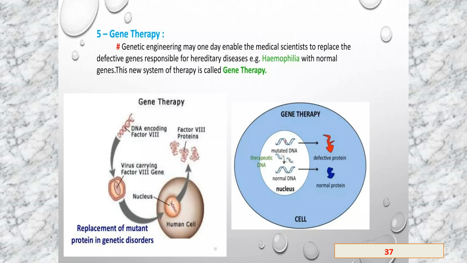Then gene therapy is another thing, wherein hemophilia can be treated with normal genes, because the abnormal genes are removed and the normal gene is replaced in certain genetic disorders. The defective protein can simply be replaced with the normal protein in the cell.